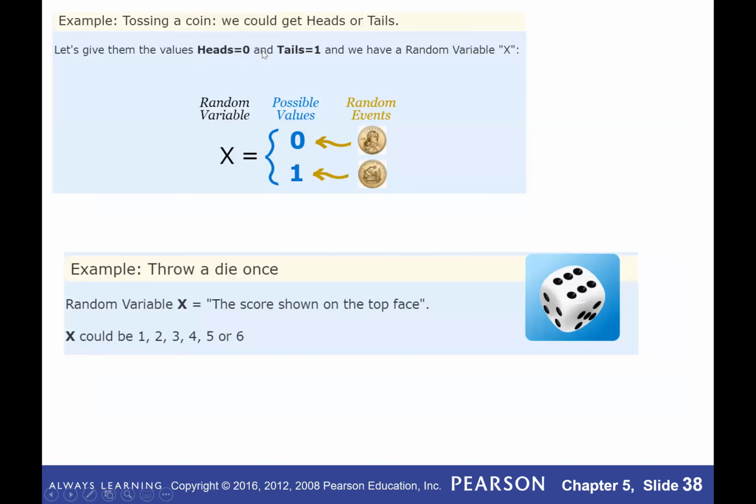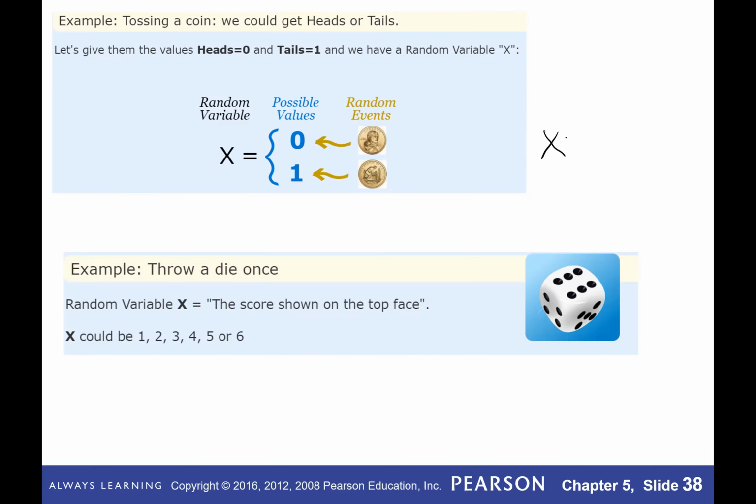Okay, so for example, if we toss a coin, then either we will obtain a head or a tail.